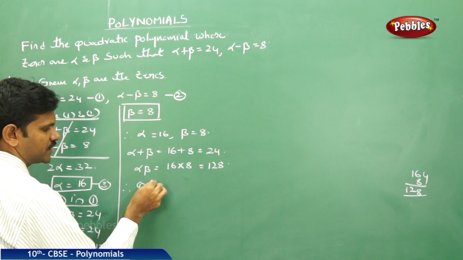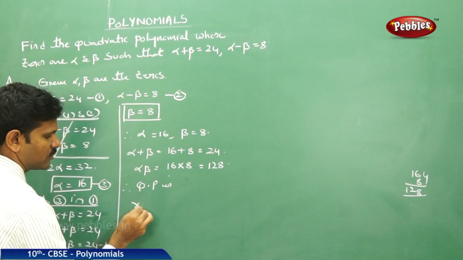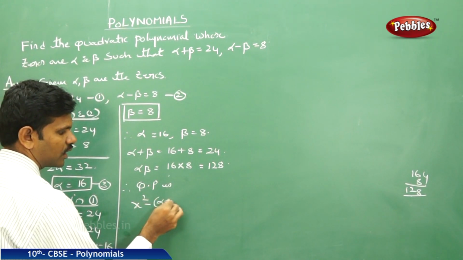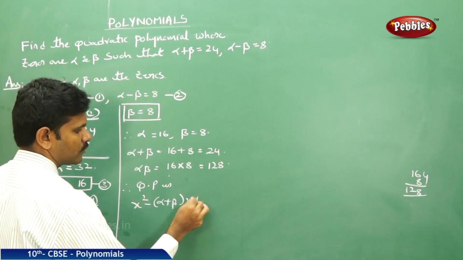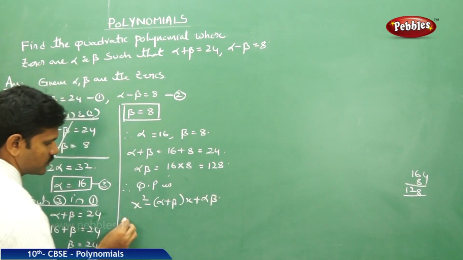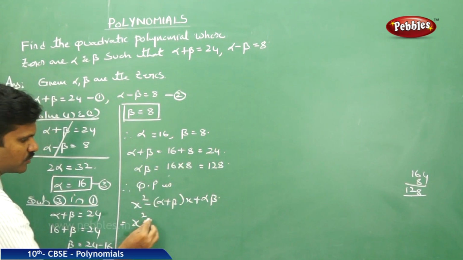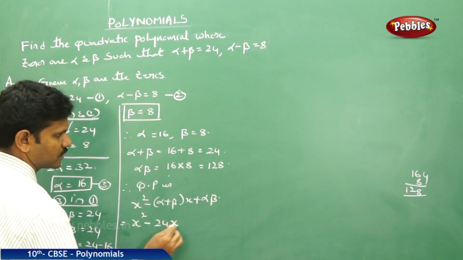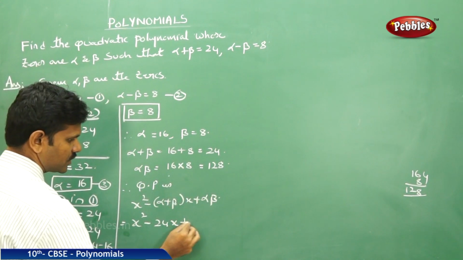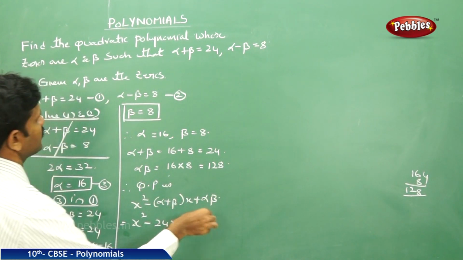Therefore quadratic polynomial is x square minus alpha plus beta into x plus alpha beta, which is equal to x square minus alpha plus beta, nothing but 24x, plus alpha beta, nothing but 128.